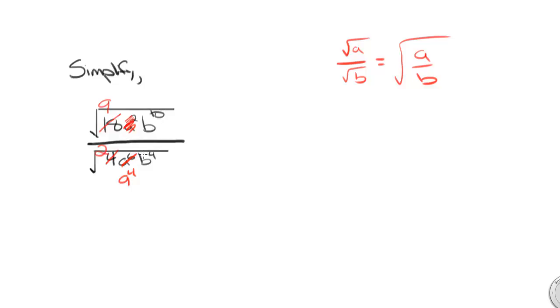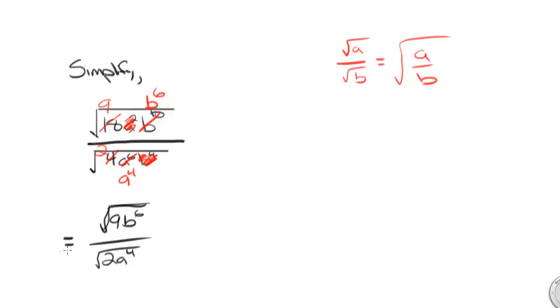I can cancel 4 of these b's with 4 of the b's up here to be left with a b to the 6th up in the numerator. All right, so what that gives me now is I have a 9b to the 6th up here in the numerator. And in the denominator, I have a 2a to the 4th. All right. So that was just canceling common factors.